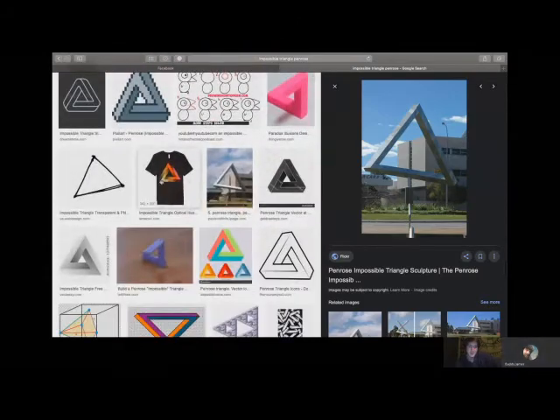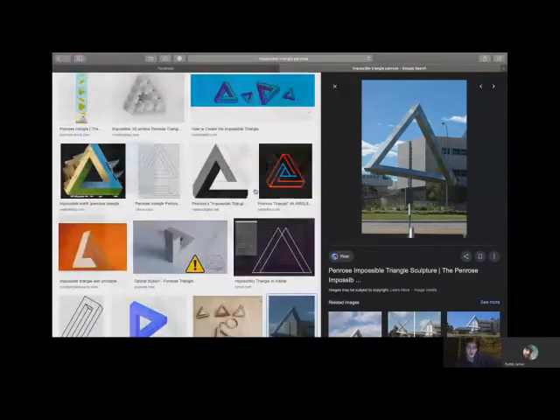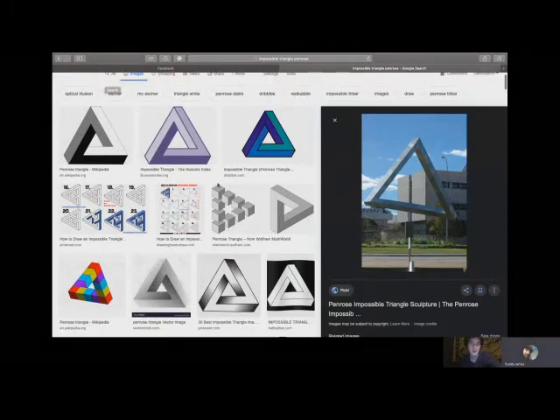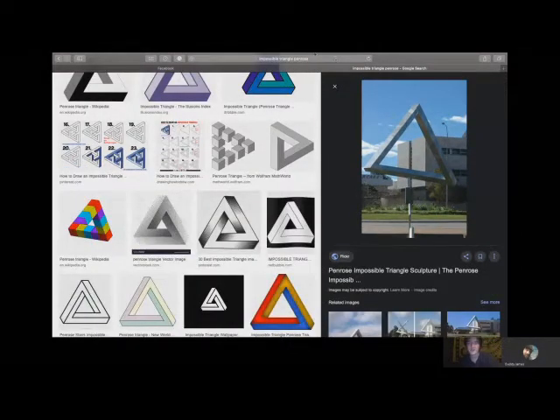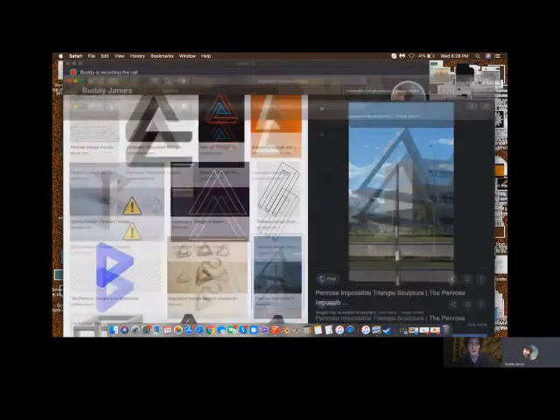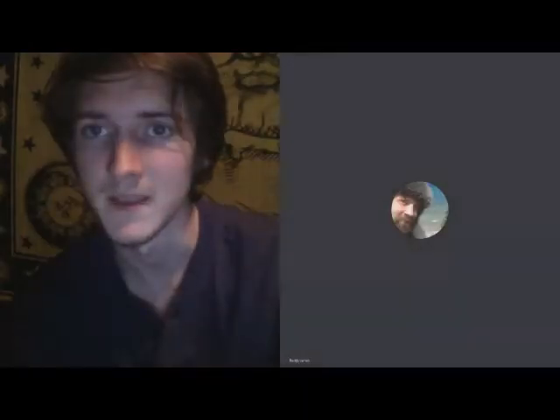I'm trying to find a really good video or GIF, but if I put it this way, the impossible triangle is based on, if you take a hexagonal grid paper and you draw on it, it creates this system. Let me see if I can pull up something. I'm going to go back to the Skype call and pull something up. Okay.